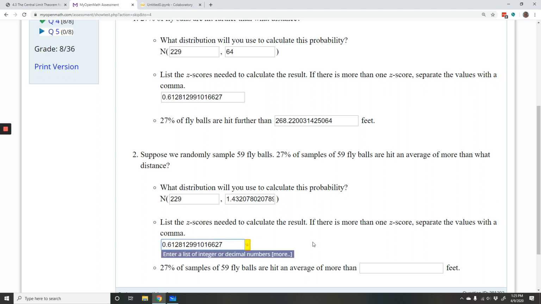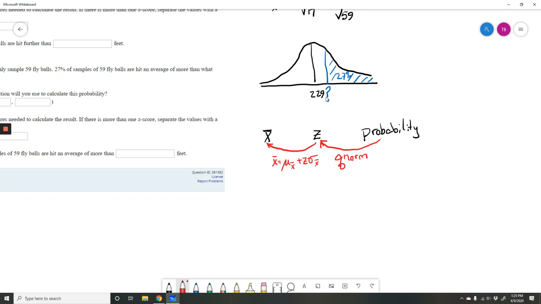And that's not an accident. Notice we haven't used this mean and standard deviation when we get the z-score. All we are looking at is what's the z value so that 27% of z's are bigger than it, right? And since it's the same standard normal distribution, it's the same z value.